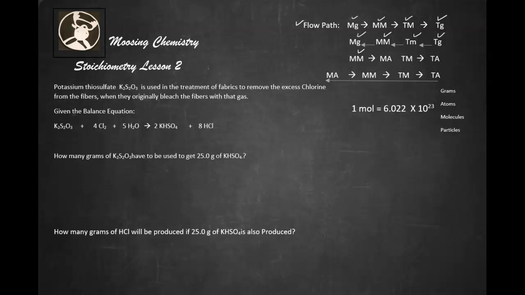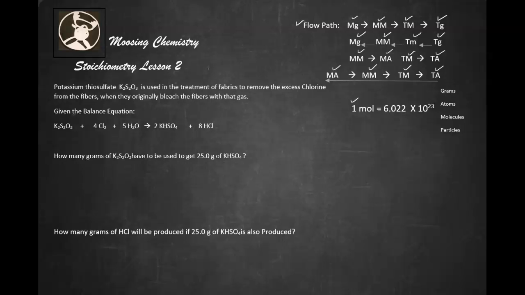Or I can go my moles to my atoms, or molecules, particles, whatever, or their moles to their atoms, okay? Or you could go from my atoms to my moles to their moles to their atoms. And there's a whole bunch of other ones like my atoms to my moles to my grams, or my grams to my moles to my atoms. So there's a bunch of different things that we could do.